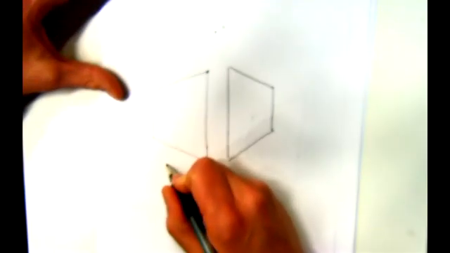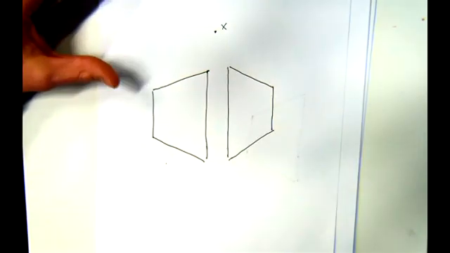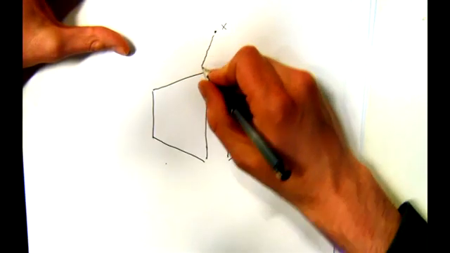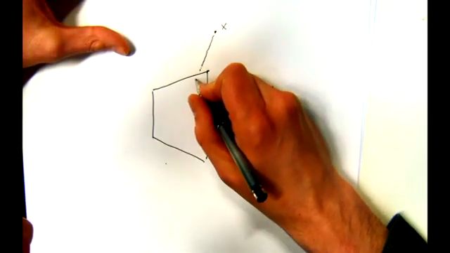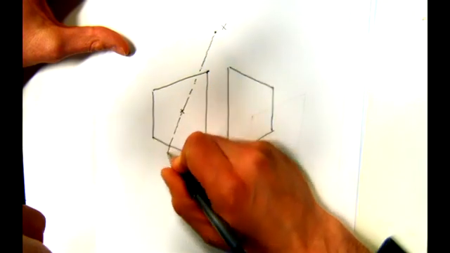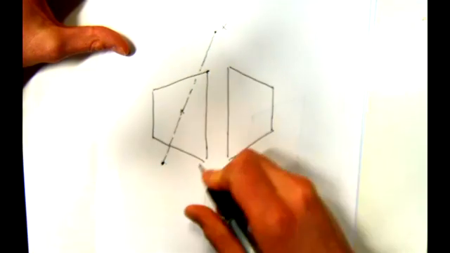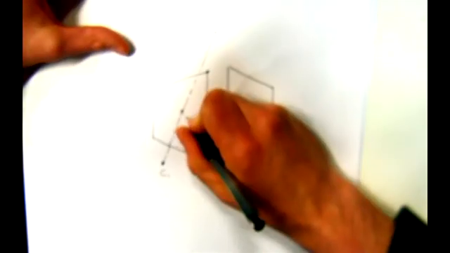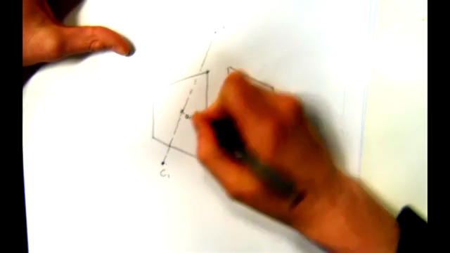The point at which that's observed in this first image will be along the ray that passes from the camera center of the first image through the 3D point. So this is the camera center of the first image, and this is the point where it hits in the first image.